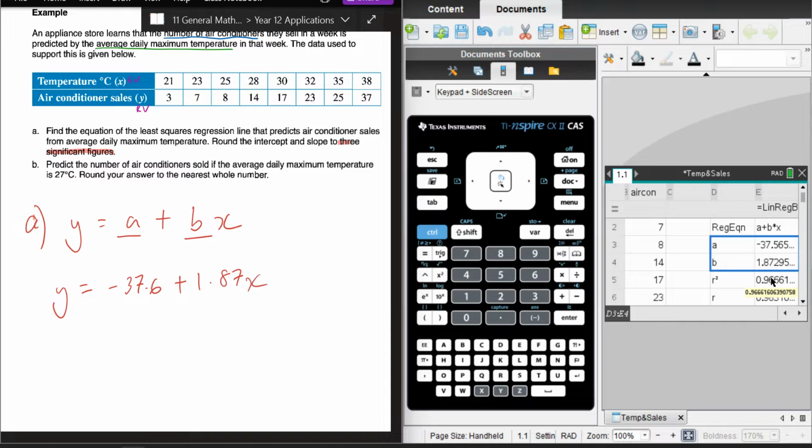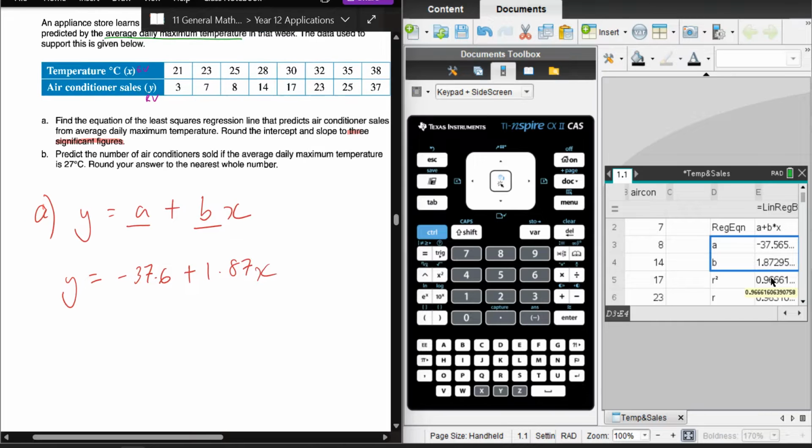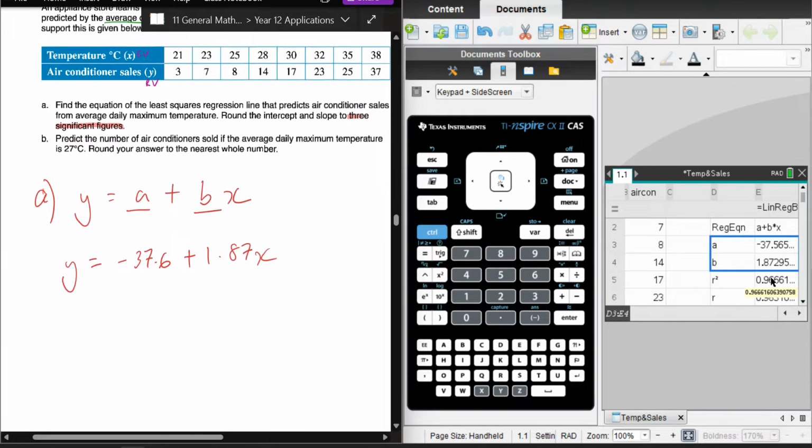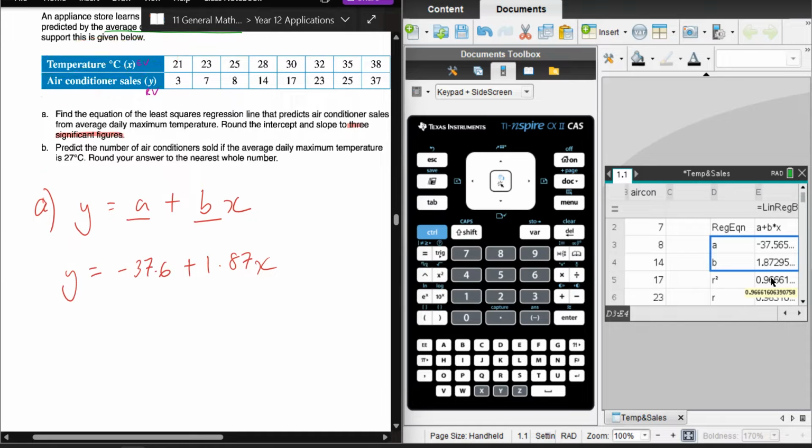Now, there's one more thing that I believe assessors would want you to do when you do these sort of questions. What you do need to change is whatever the EV and the RV is to the actual variable. So let's just do that. Look at the EV and the RV. There it is there. So just change X and Y to whatever it says there. So it's going to be aircon sales is equal to negative 37.6 plus 1.87 times the temp.